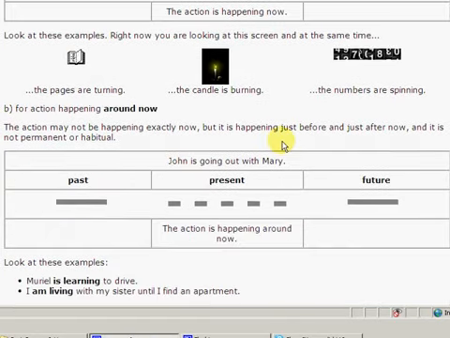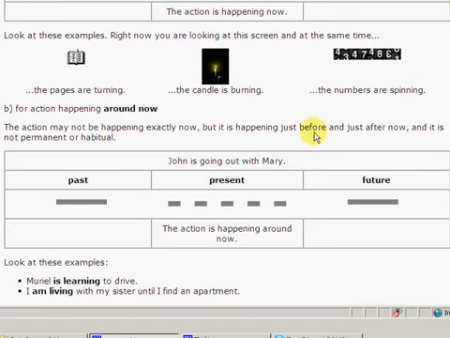Now, next detail. For action happening around now. So when you say around now, the action may not be happening exactly now, but it is happening just before and just after now. And it is not permanent or habitual. Let's have an example.